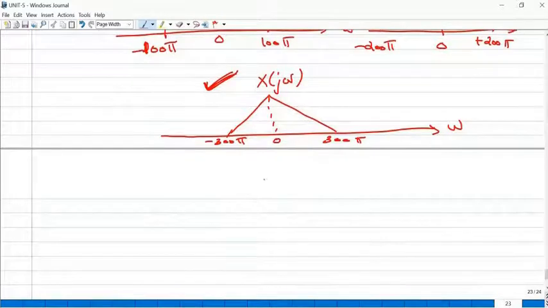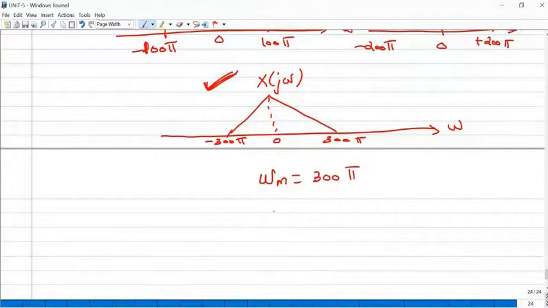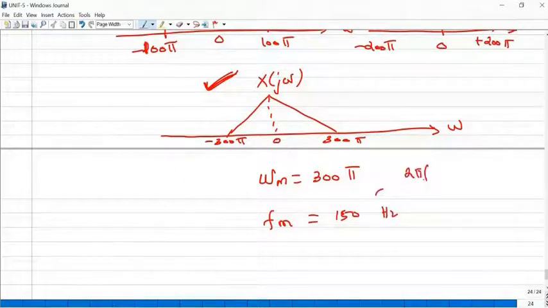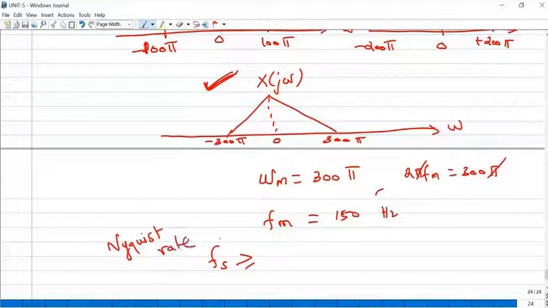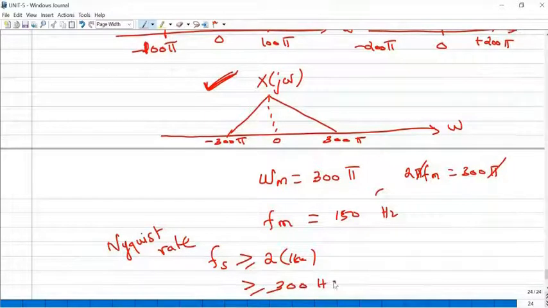Now in this example, omega m equals 300 pi. So Fm equals 150 hertz, because 2 pi Fm equals 300 pi, so pi will be cancelled, Fm equals 150. Therefore, the Nyquist rate Fs is 2 times 150, that is 300 hertz.